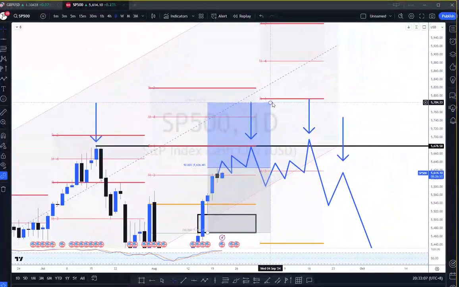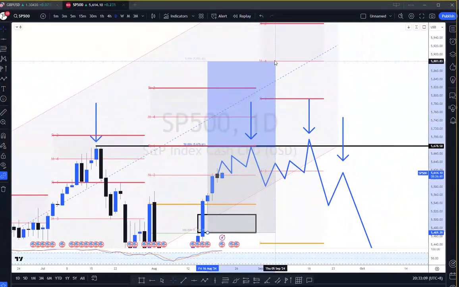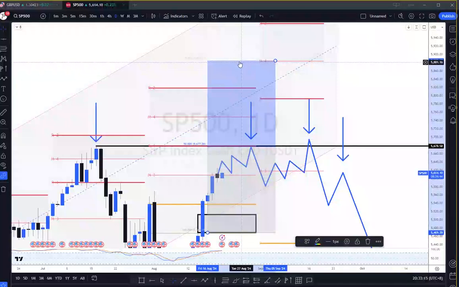Okay. So we shift this up a little bit more. Okay. You can see the 50% here. Right. So if we get up to about 5,885 and the pivot shifts up to this level here, then for September, it's a clear-cut buy on the pivot.